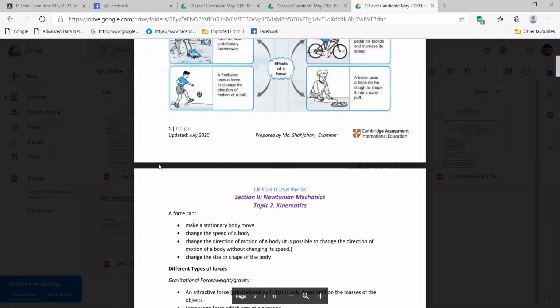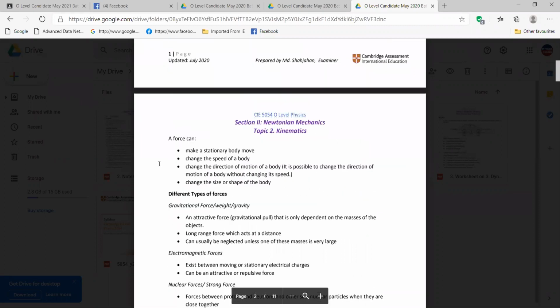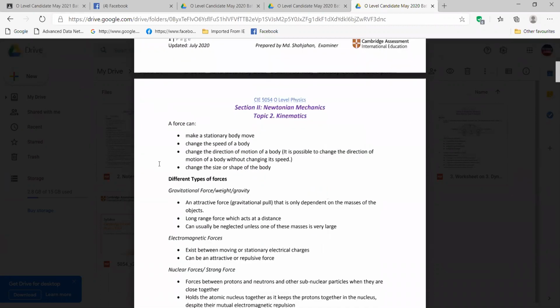My first problem was in types of forces, gravitational force, the second and third bullet points. Types of forces, gravitational force, right? Yes, the second and third point. Okay. The second one says it is a long range force which acts at a distance. That means gravitational force has a long range.